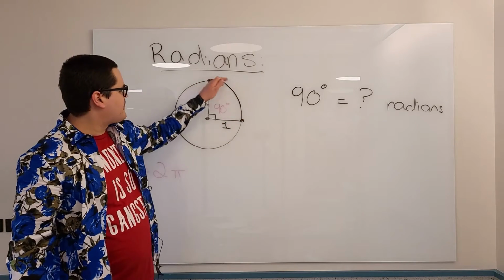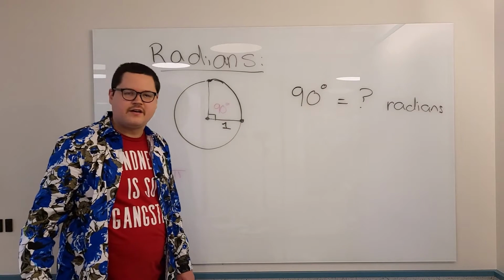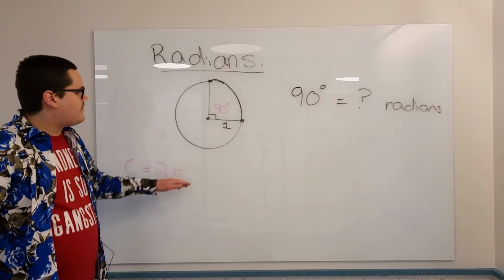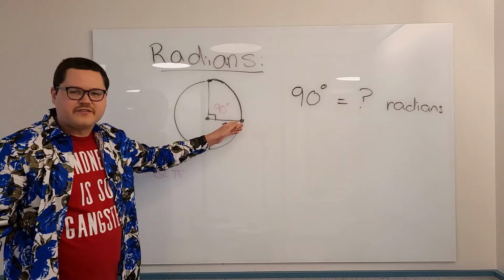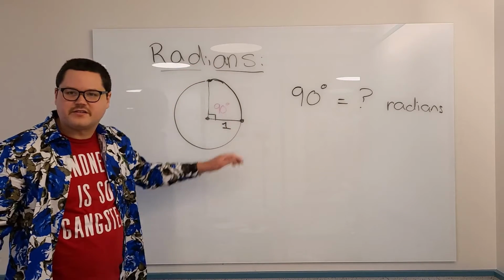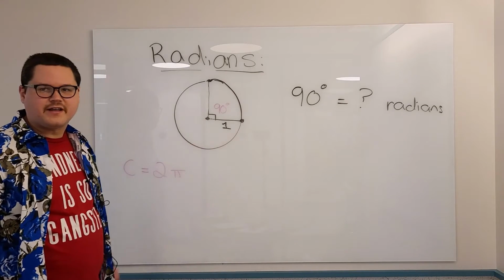Okay, the arc from here to here. And what is the length of that arc? Well, it's 1/4 of the whole circumference. The circumference is, if you took a string and you wrapped it around the circle and then measured the string, that's the circumference. And this is 1/4 of that.